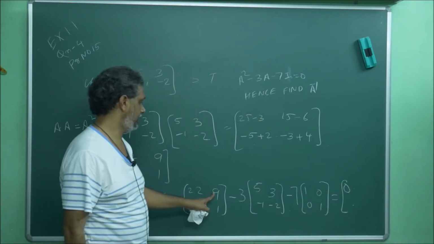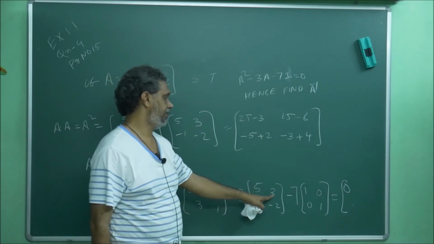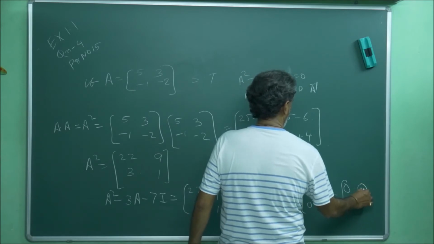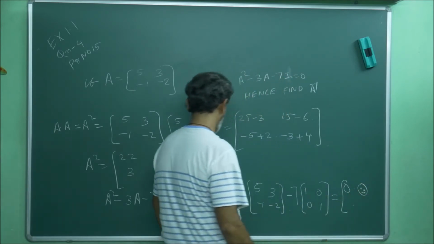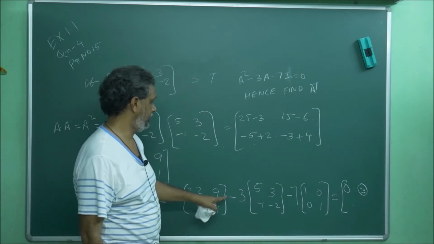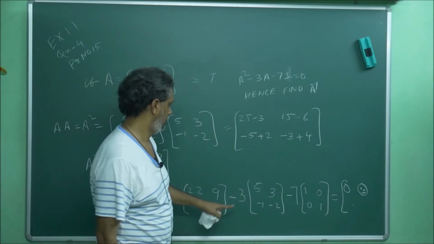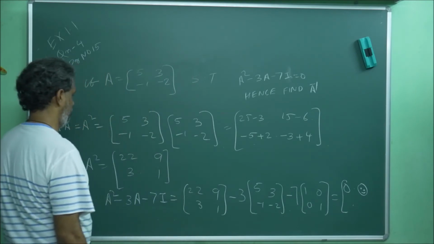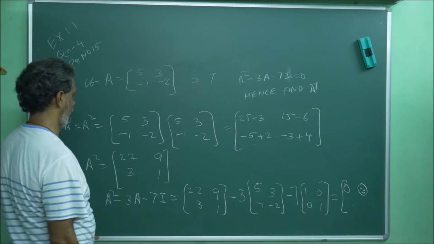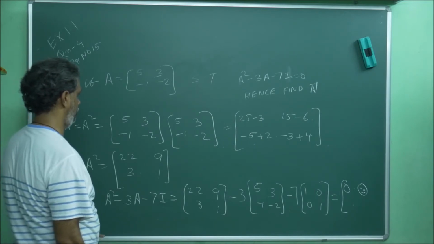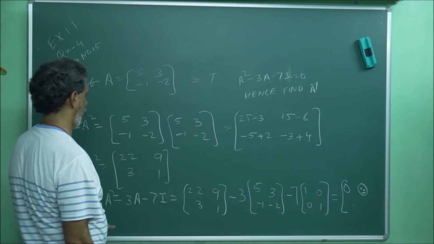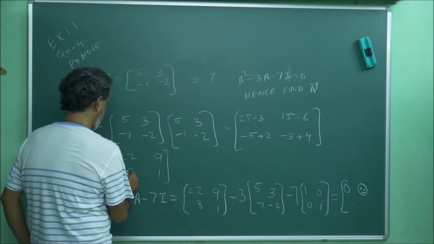Then 9 minus 3 into 3, 9 minus 9, 0. Then 3 plus 3... sorry, this is minus 3.